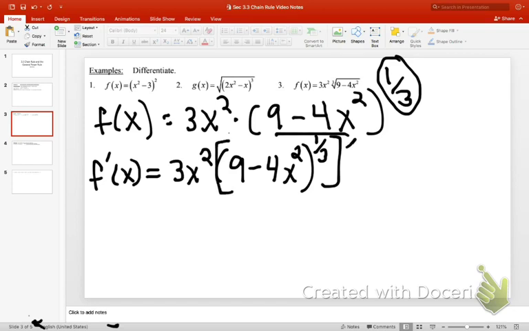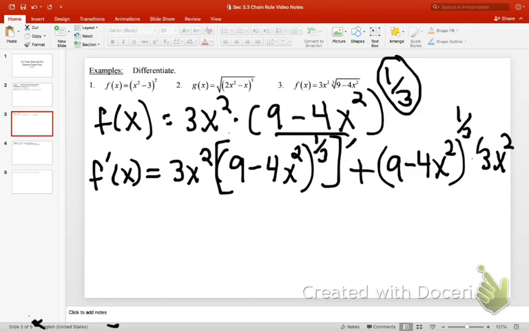So we're taking the derivative of the second, plus the second times the derivative of the first. So that's our product rule. Let's go ahead and take those derivatives.